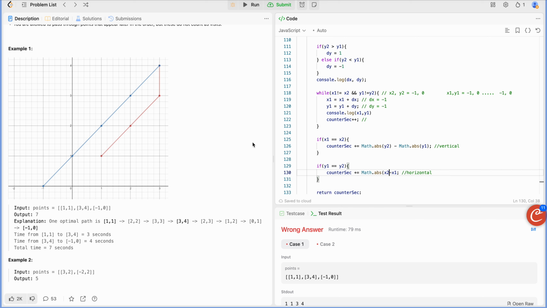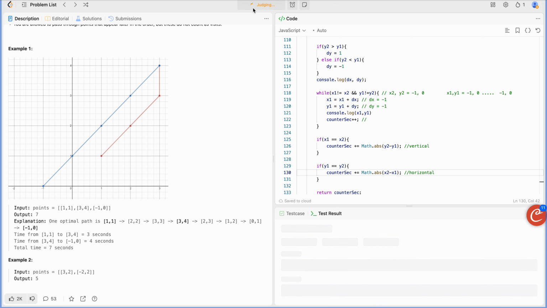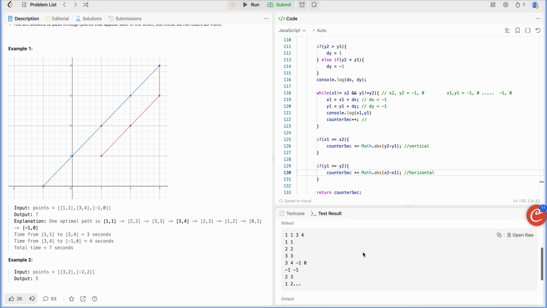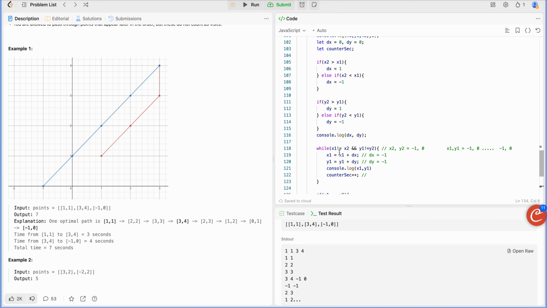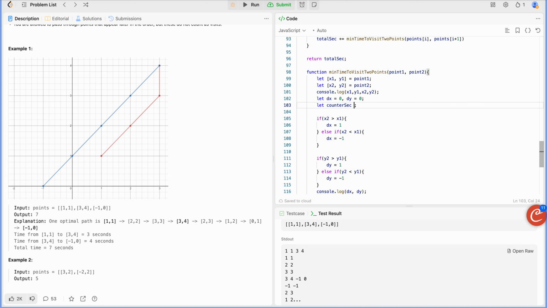I guess that was correct, but actually I forgot to do it here. Maybe that was the reason. What the?